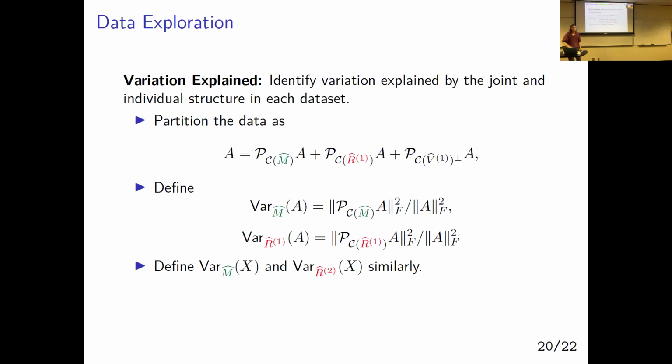If it's close to 0, it's kind of the opposite. The covariates would not contain very much. It couldn't explain very much variation in the network. And then you have a similar interpretation for the individual components.